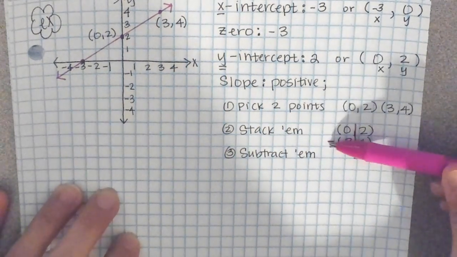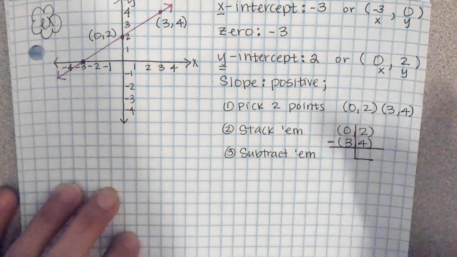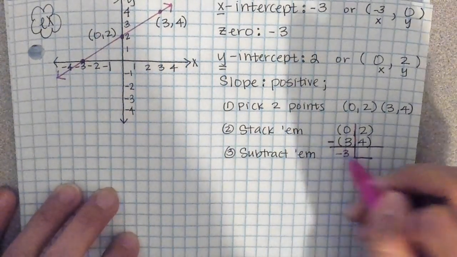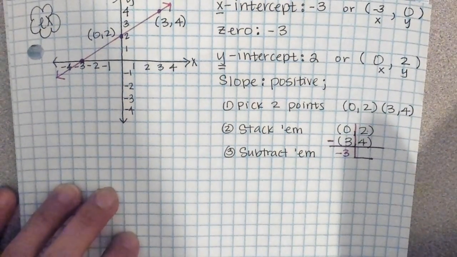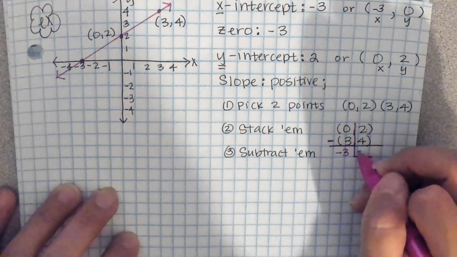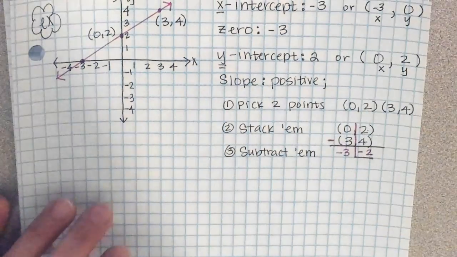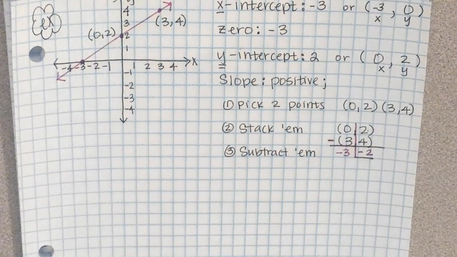So 0 minus 3. 2 minus 4. What was it? Negative 2. So we stack them, we subtract them.